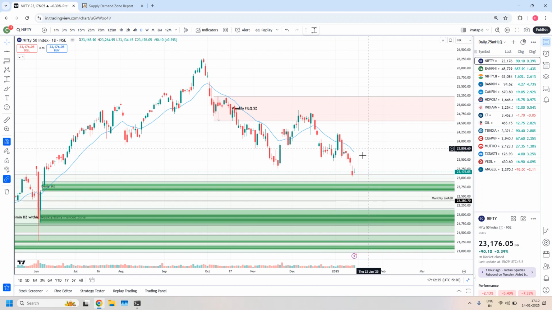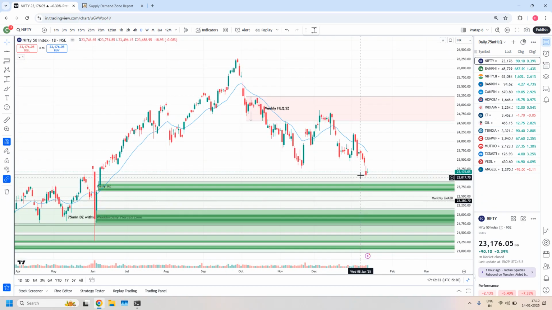If prices retrace up to this daily demand zone, there you can go for short trades, because until the monthly overextension is completed, this daily EMA will be acting for the supply zones as a short trade.